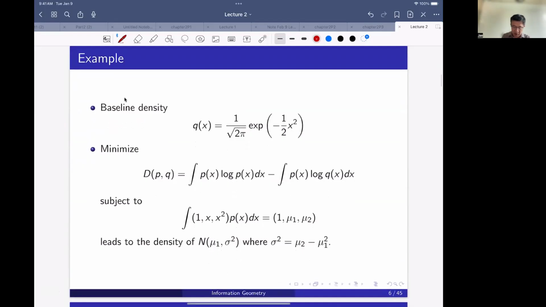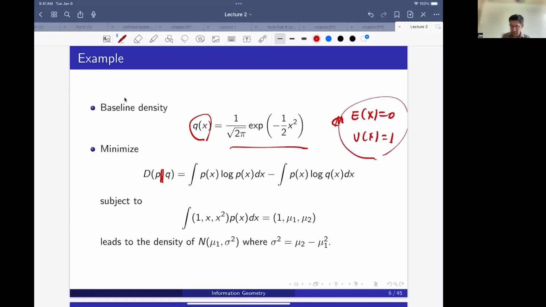So this is more like a toy example. This is a baseline, normal 0, 1. Of course, this has expectation of x equal to 0 and variance of x equal to 1, right? But now you want to impose a particular constraint, first moment and second moment constraint, and minimize.